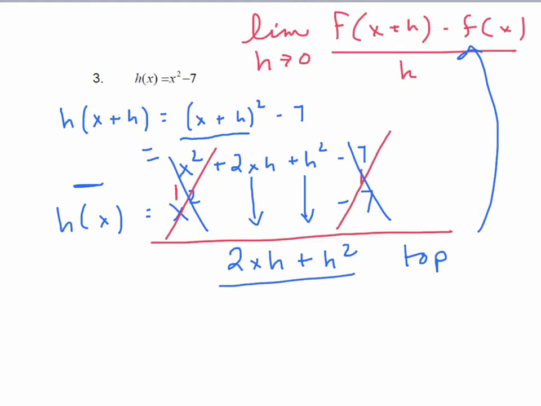We know that on the bottom of our difference quotient we have an h. Our next piece is to reduce that. We want to reduce our difference quotient. So we know in this case that the h's actually reduce out, and we are left with 2x plus h.